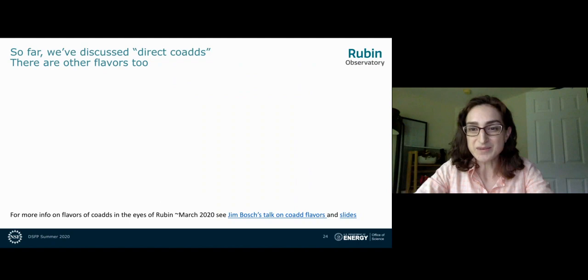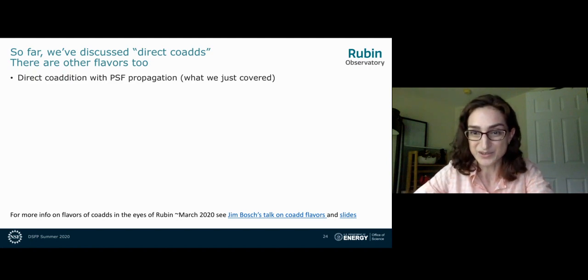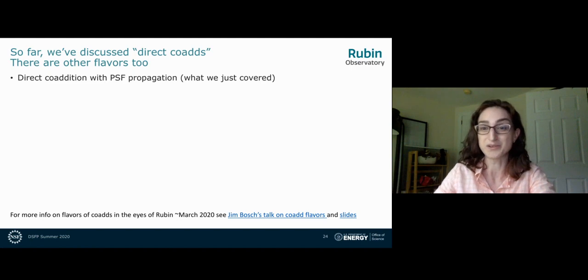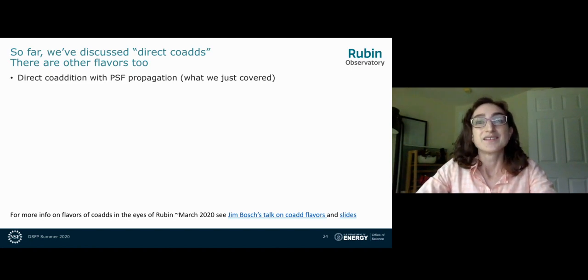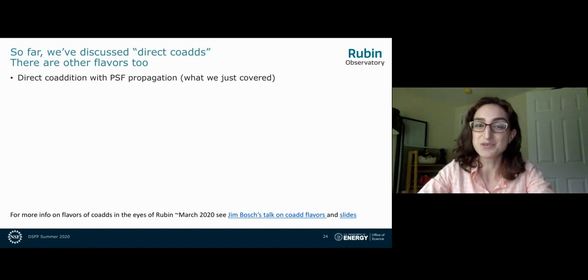So everything that we've talked about so far is on direct coadds, meaning we have not done any kind of convolution to these images other than the warping or resampling. There are other ways to get around this discontinuous PSF problem that involve extra convolutions, but there are trade-offs involved with these as well.